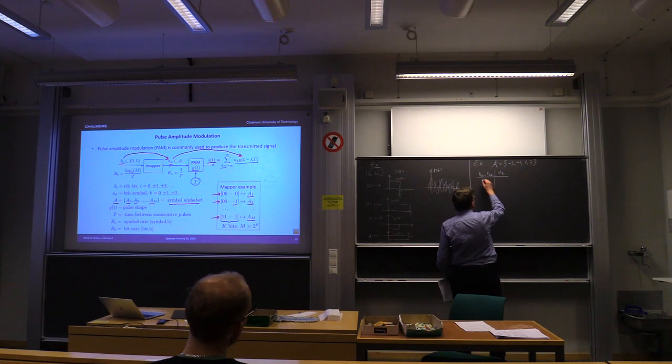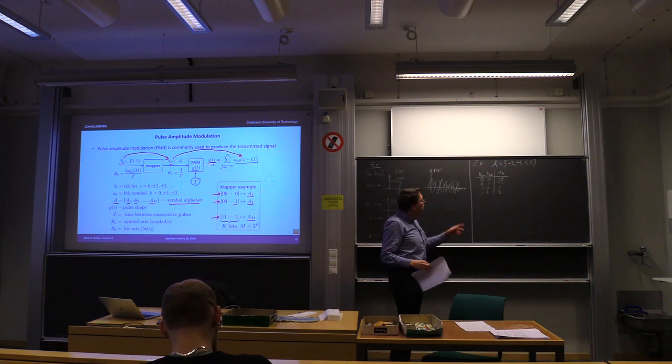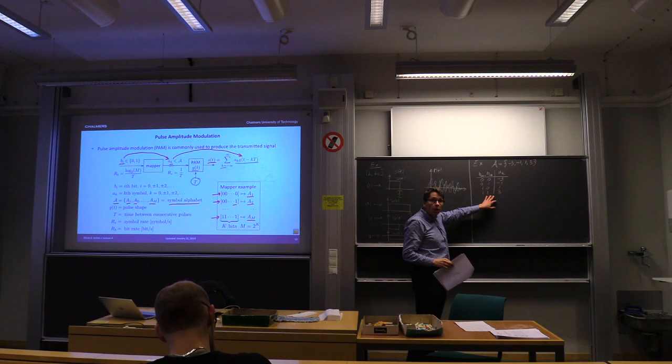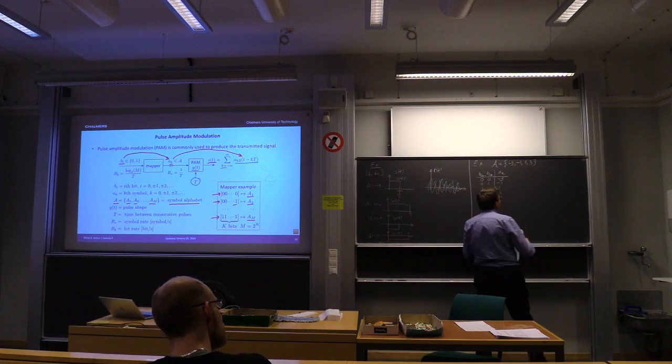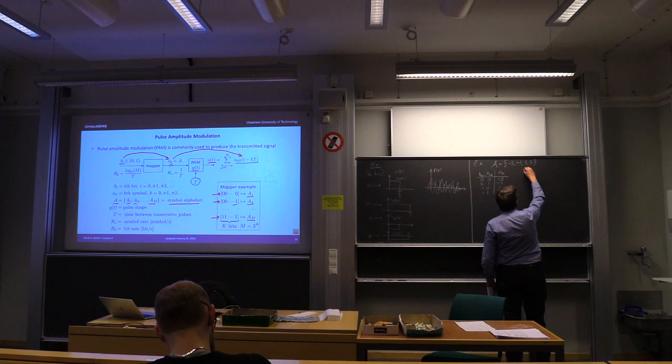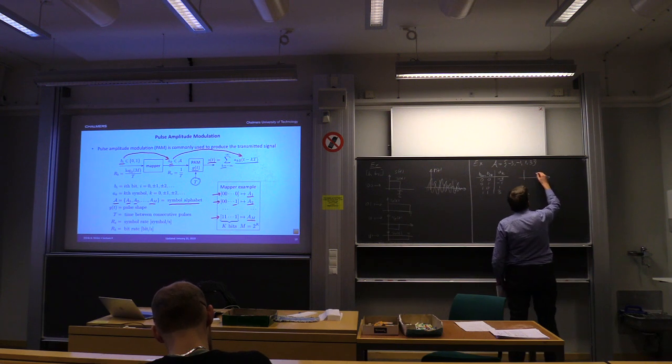symbols, that is amplitudes. So 0,0 may be mapped onto -3, for instance. 0,1 is mapped to -1, 1,0 to 1, and then 1,1 to 3, say. Now we have defined the mapper. And then we also need to define the pulse amplitude modulator block, so we need a basic pulse shape.